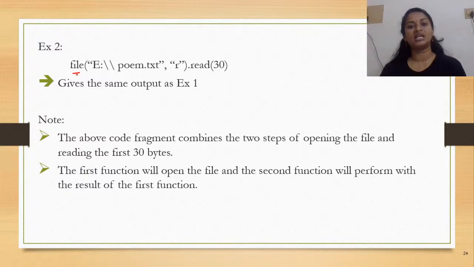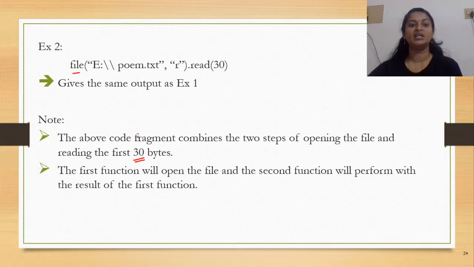This function opens the file in read mode, and then the second function reads the first 30 bytes of the same file. If you print the output, it would be the same as in the previous program: only the first 30 bytes would be read and printed onto the screen.